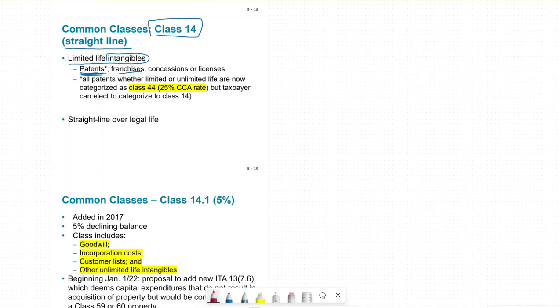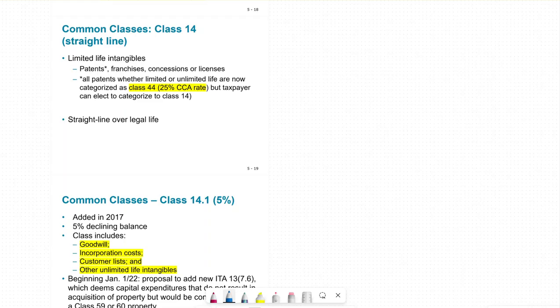It used to have a limited life. Now if I think about it, everything has a limited life. The only thing this applies to is patents. All patents, whether limited or unlimited life, are now categorized under class 44. We take 25% CCA. Now as a taxpayer, we have a choice.